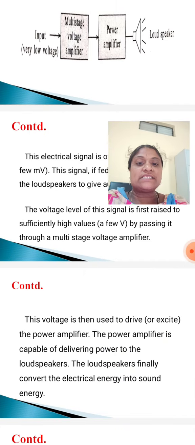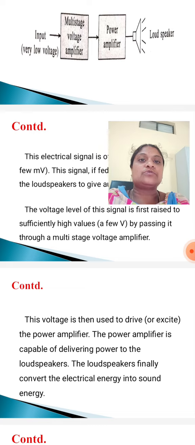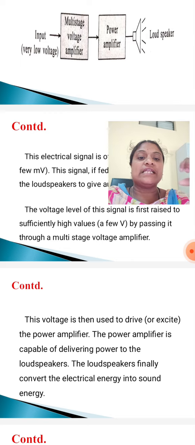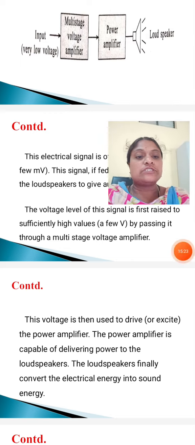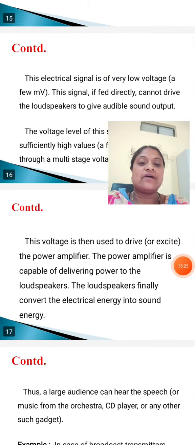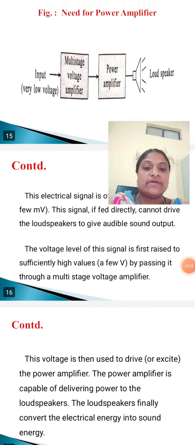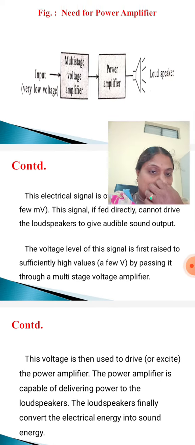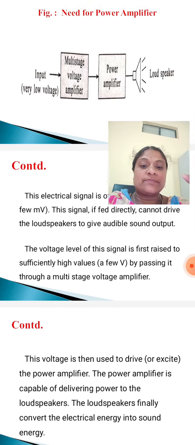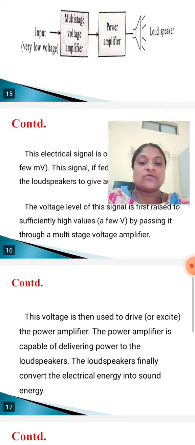This voltage is then used to drive the power amplifier. So what is the purpose of the power amplifier? It is capable of delivering power to the loudspeaker. Finally, the loudspeakers convert the electrical signal into sound signal, or electrical energy into sound energy.